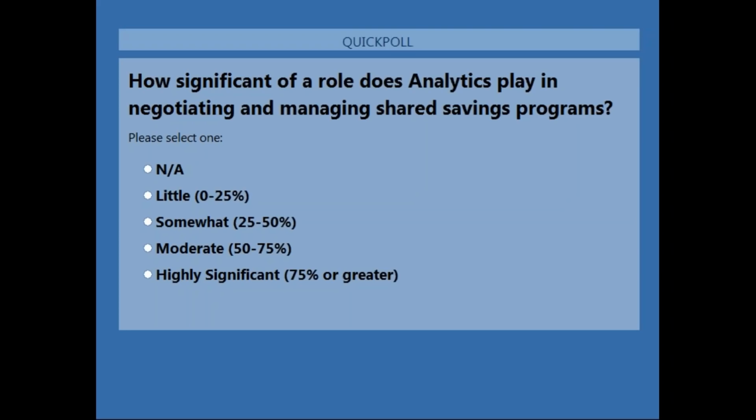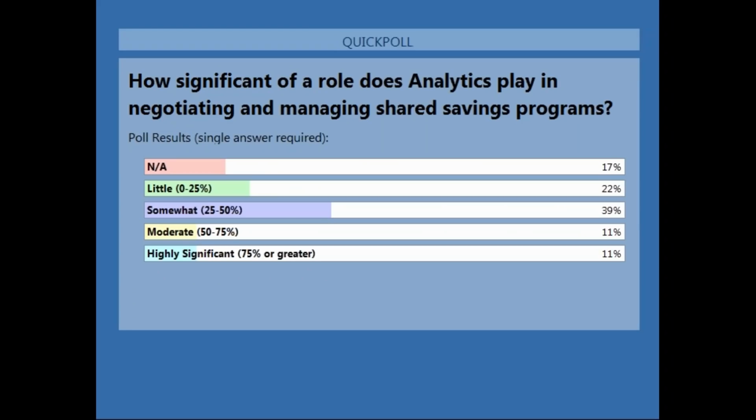Thanks, Russ. So looking at the role that analytics is playing in your current incentive and shared savings contracts, how much do you use analytics in negotiating and managing your plans? We have 17% who say that they're not using it, and then another 22% that are in the lower quadrant, 0 to 25%, somewhat.